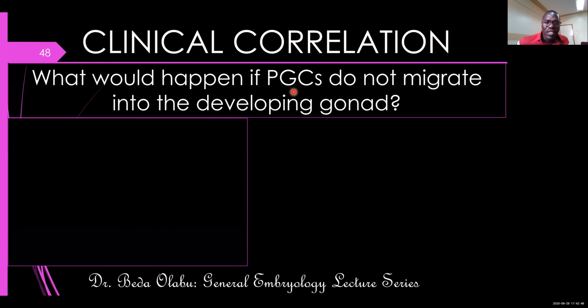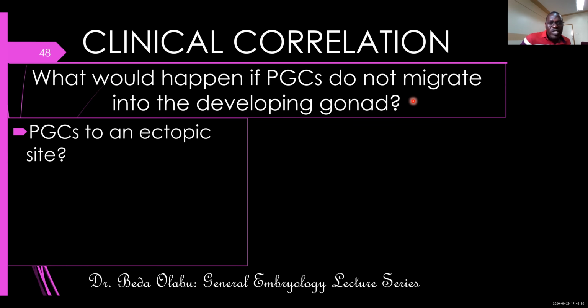Still debating around the fact that primordial germ cells have not migrated to the developing gonad. In the previous slide, we were looking at what happens to the developing gonad. We've said that it will be underdeveloped. Now let's think what happens to the primordial germ cells that have gotten lost.